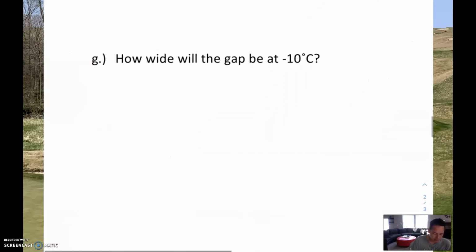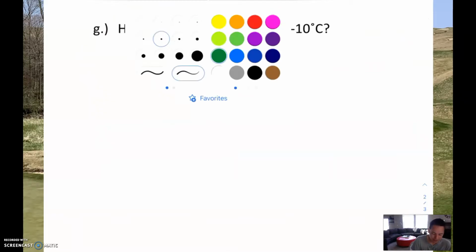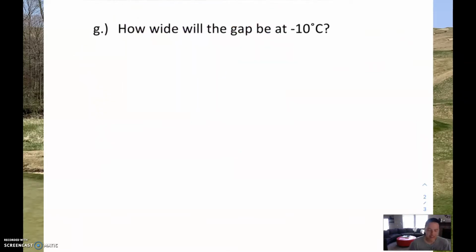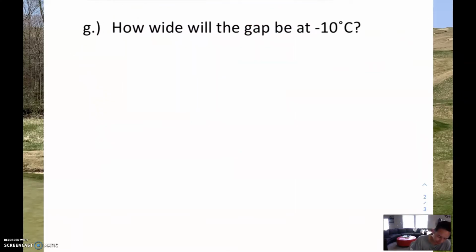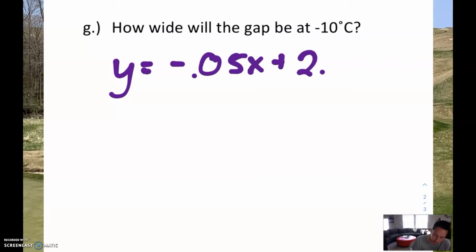All right, part G. It says, how wide will the gap be at negative 10 degrees Celsius? So let's go ahead and use our equation, y equals negative 0.05x plus 2.4. And now the information that's given to you is that it is negative 10 degrees Celsius.